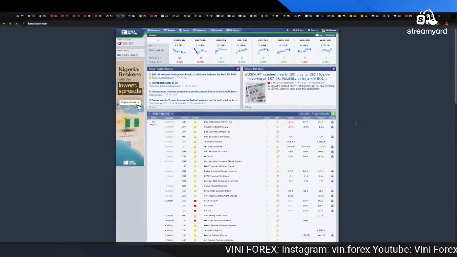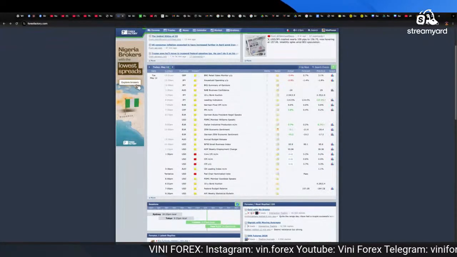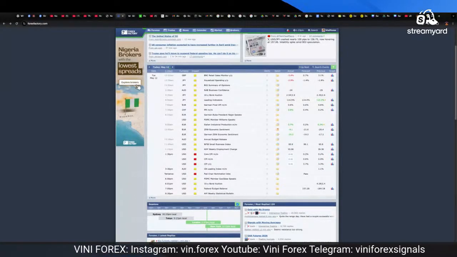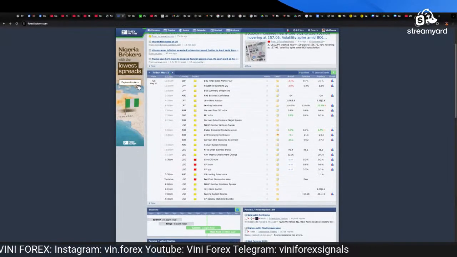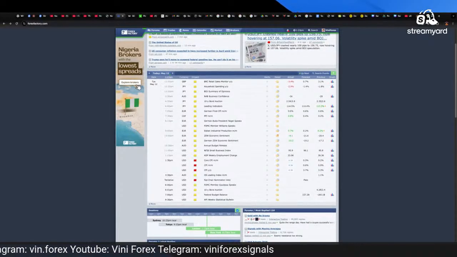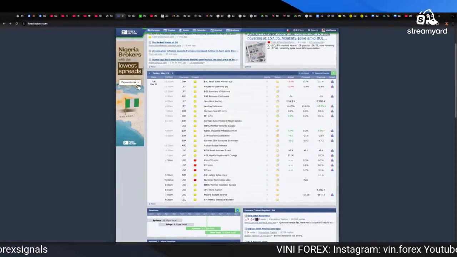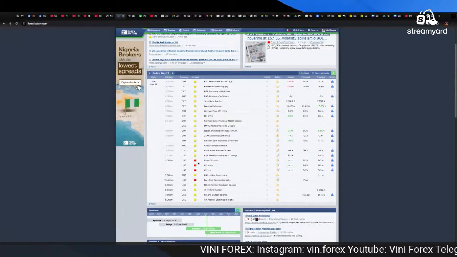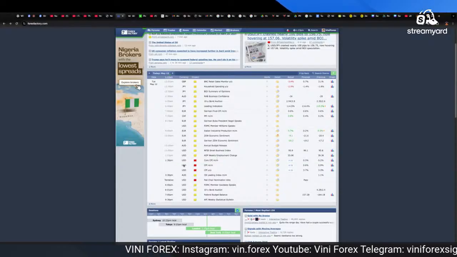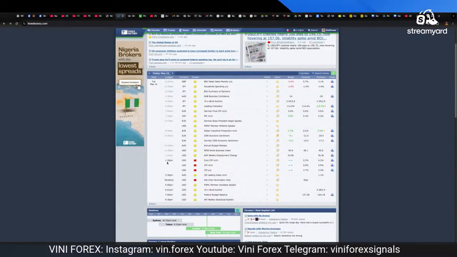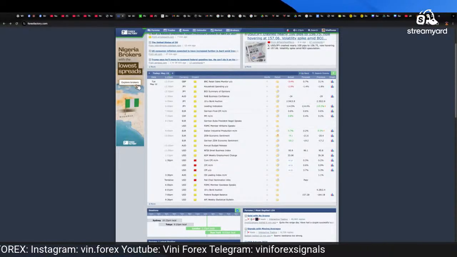The economic data from central banks of countries, from governments, from companies and business enterprises, those in charge of moving the economy. Right now the time is 1:23 p.m., Nigerian time.